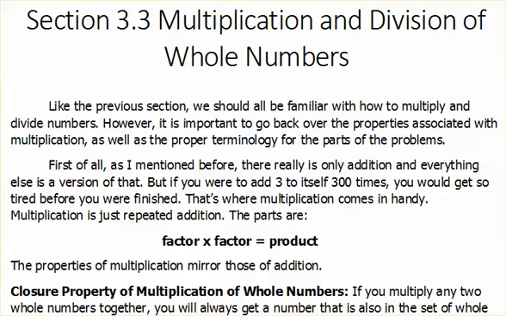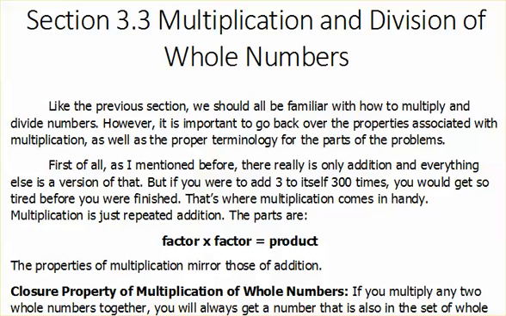Instead of adding 3 to itself 300 times, we can just say 300 times 3, and it's much easier, much quicker to do. So we can thank the mathematicians a long time ago who put that into perspective and figured it out, so that we had that little shortcut.